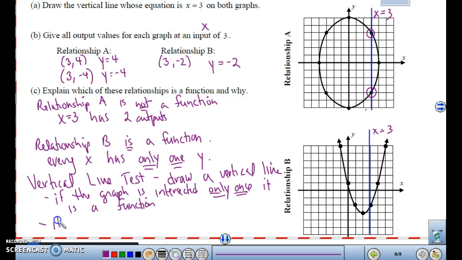Okay? If the graph is intersected more than once, it is not a function.